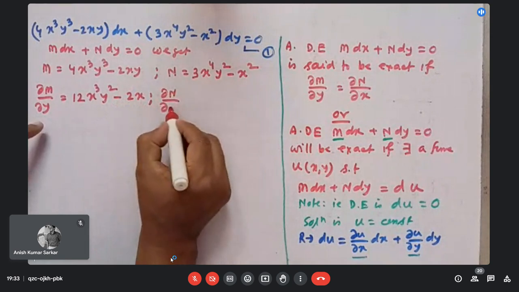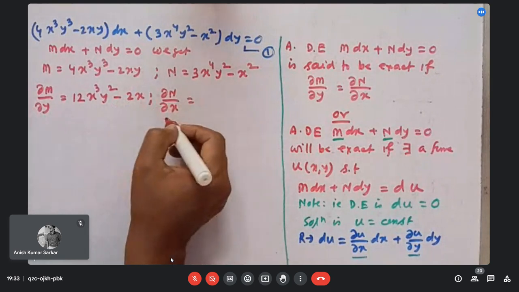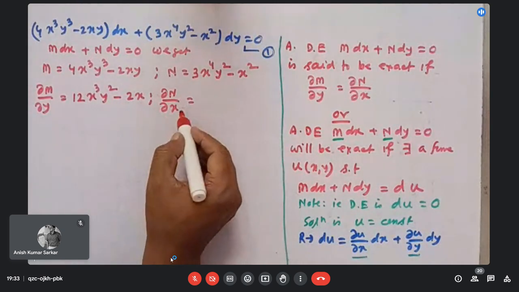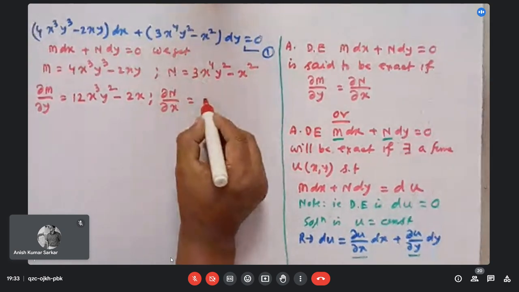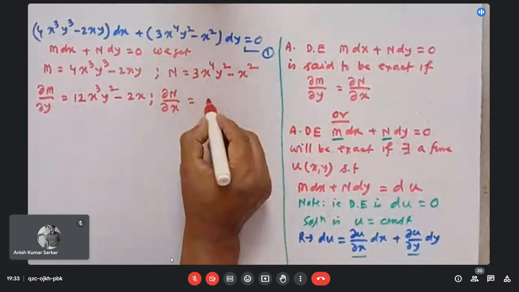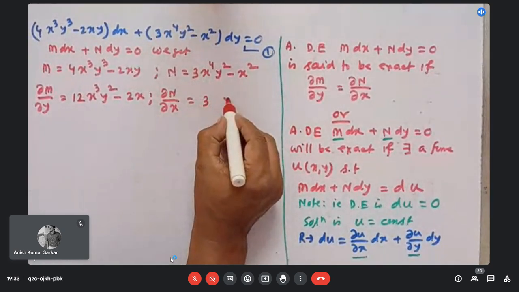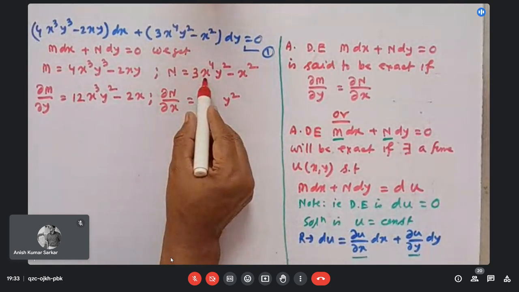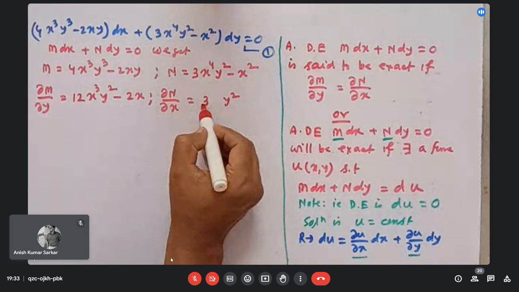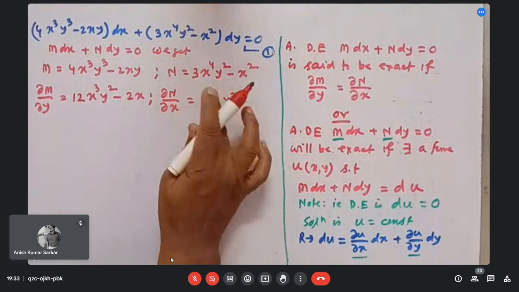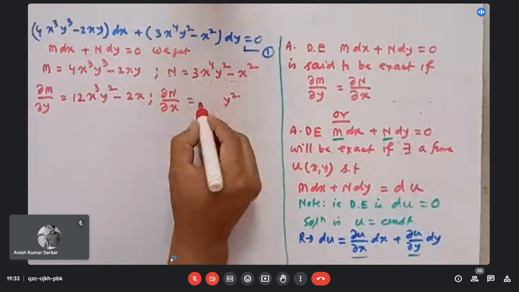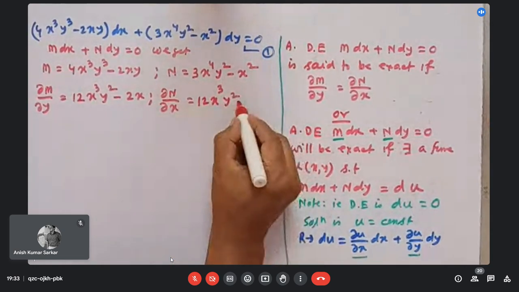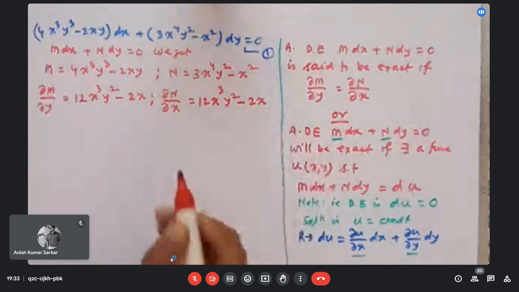And del n del x means the derivative with respect to x considering y as constant. So here 3 into y square will be constant, the derivative of x to the power 4 is 4x cube, so it is 12 x cube minus 2x.